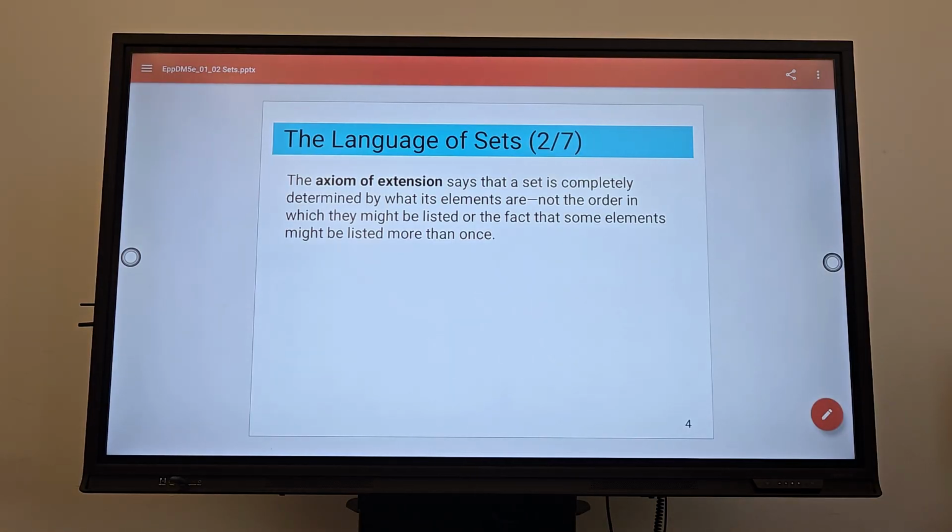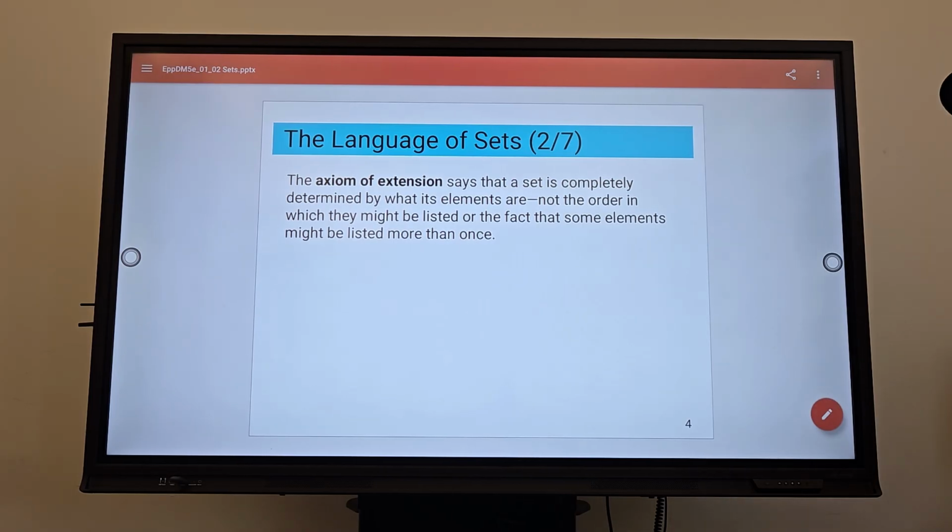The axiom of extension says that a set is completely determined by what its elements are, not the order in which they might be listed or the fact that some elements might be listed more than once. In this respect, it is different from an array. An array is ordered and duplication does matter.